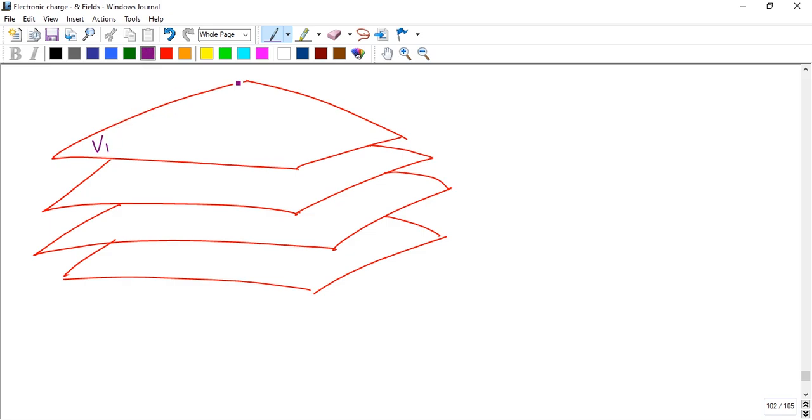These surfaces are equipotential surfaces V1, V2, V3 and V4. And suppose the electric field is like this, piercing the surfaces.